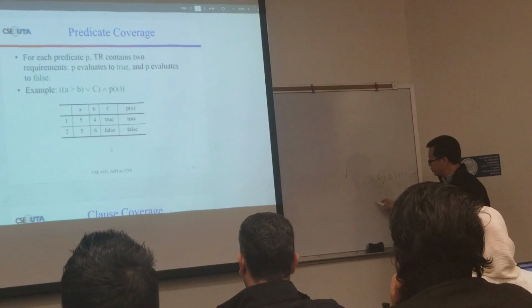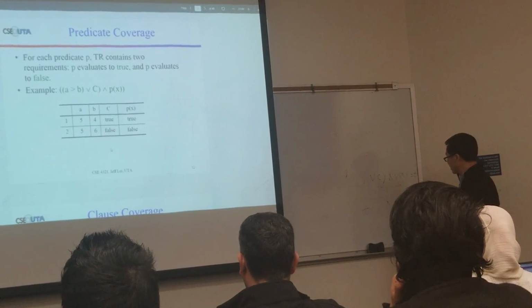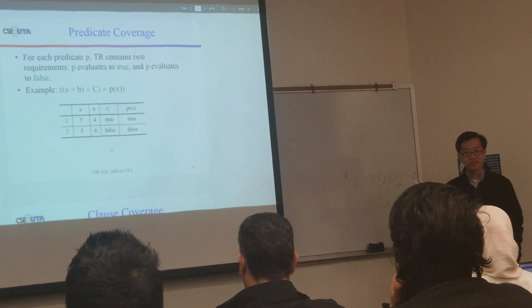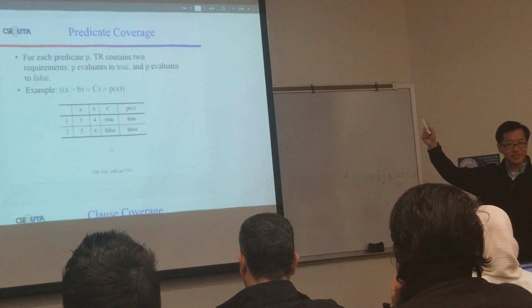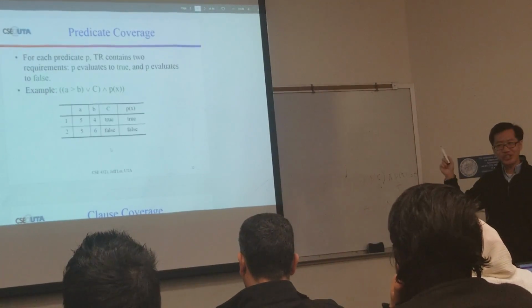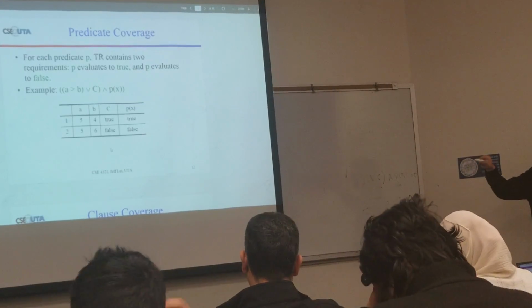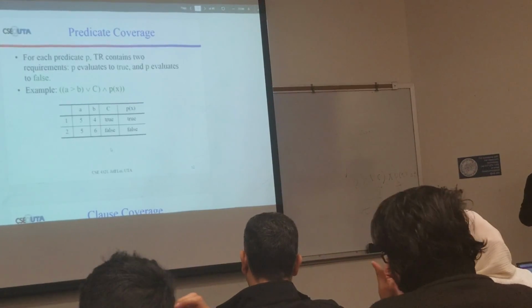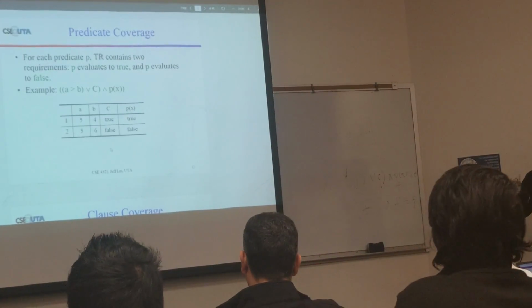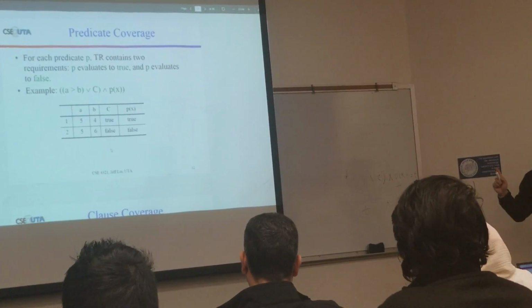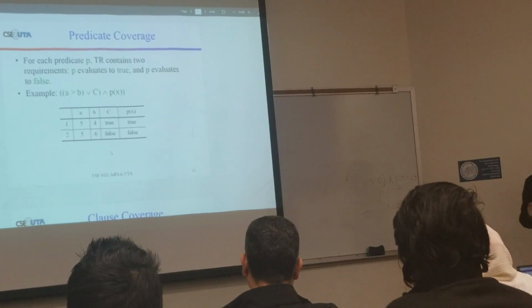So this part would be true and false. The result would be false. So we get the same result, right? Thus, the correct one. So you're not going to detect the mistake if you run these two test cases. Okay. So I hope this example shows branch coverage is really not that adequate, right?